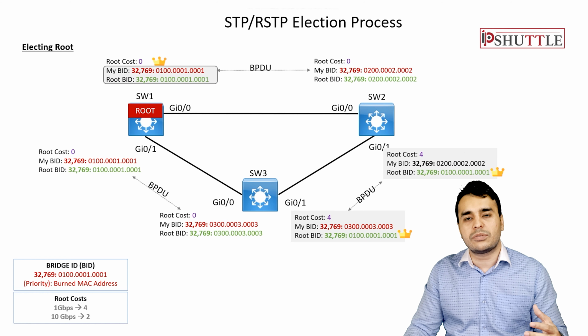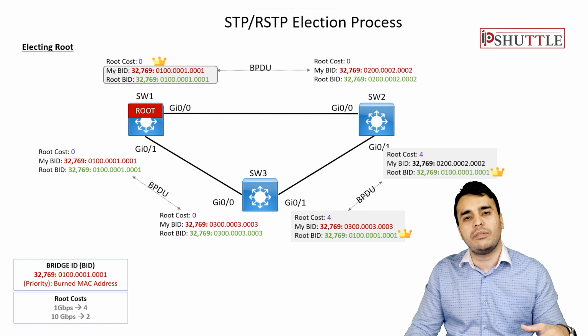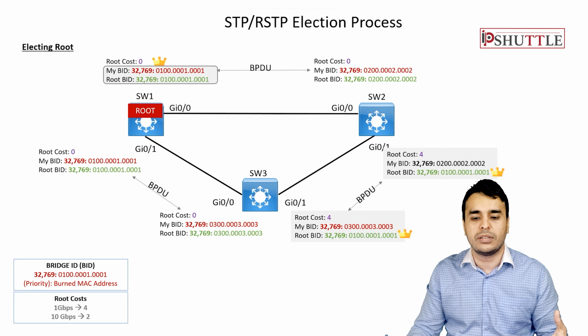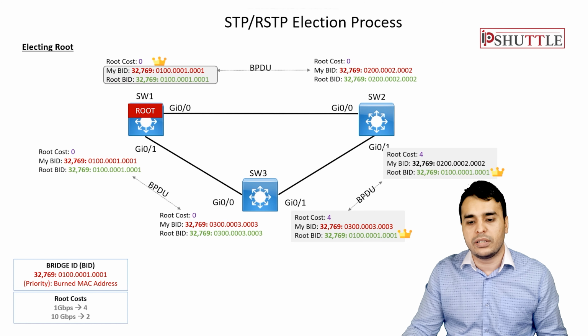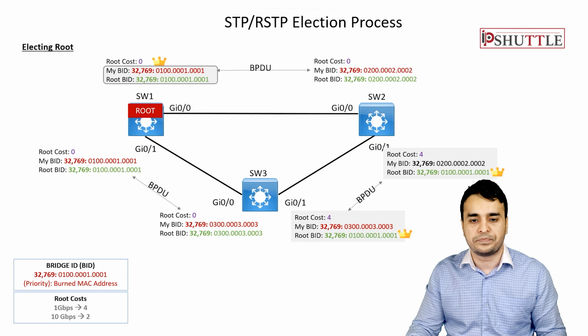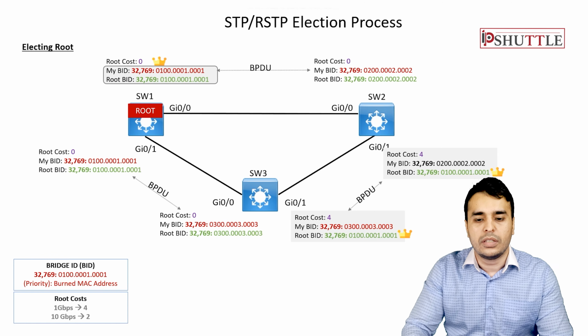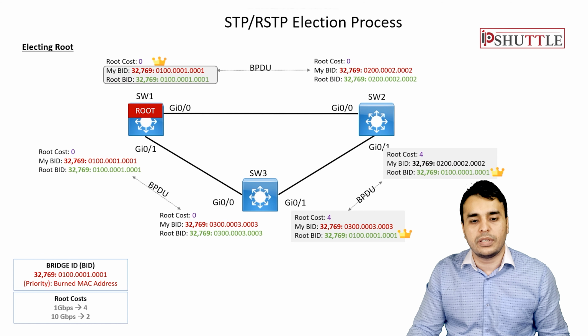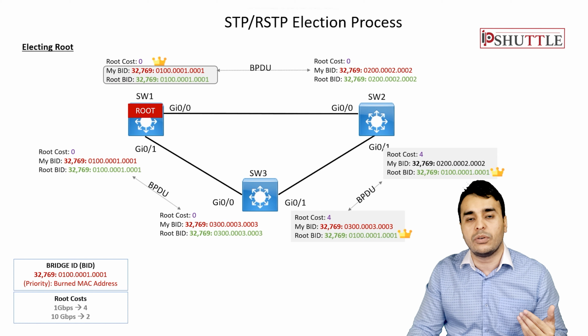But just to understand this part, finally switch 3 will be sending to switch 4 that I found a root on lower priority, and the other one also found this same information from switch 1. In this whole design, we found out the root is going to be switch 1. There are two reasons: because of their priority and because of their lowest MAC address.